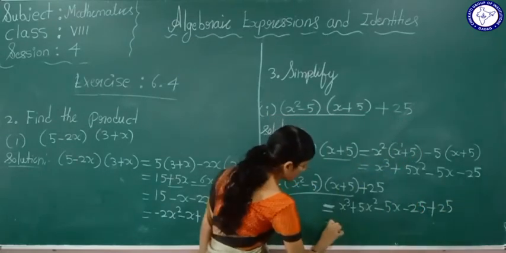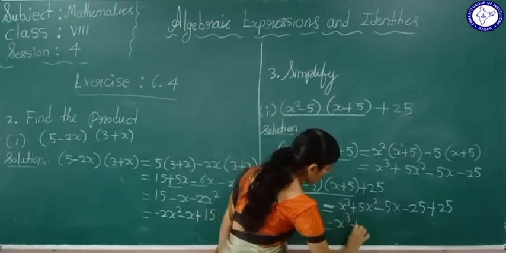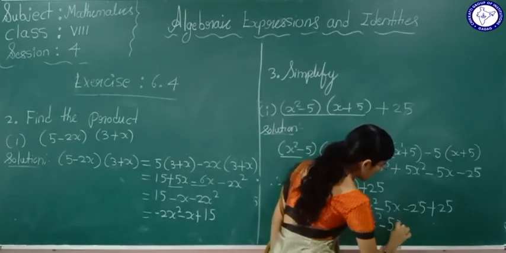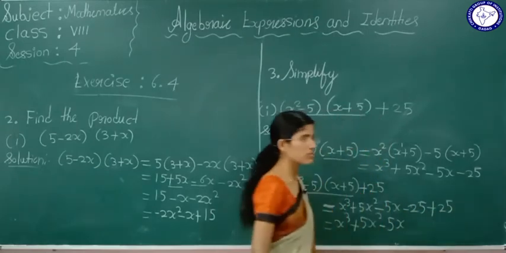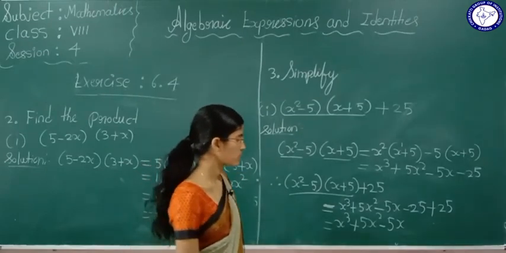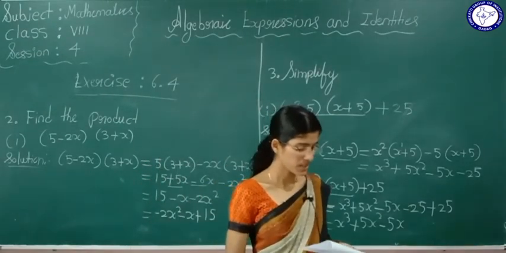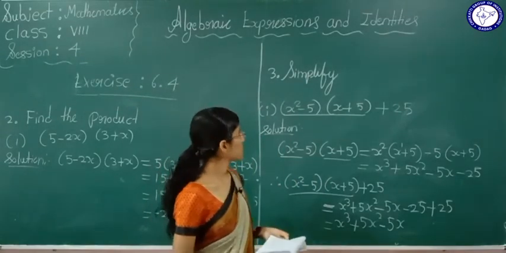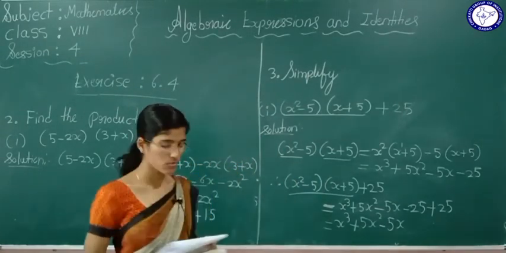So what will it become? x cube plus 5x square minus 5x, minus 25 plus 25 is going to get cancelled. It will be x cube plus 5x square minus 5x. So this is about the third main. Now we will solve one more problem.